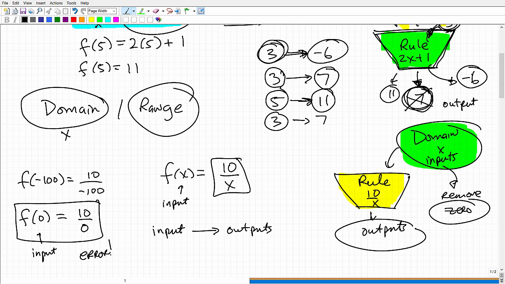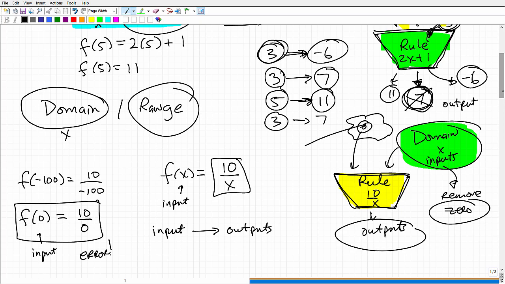The domain values of a function can be very specific. Sometimes they're all numbers, but sometimes they're just certain sets of numbers. In this example, all values work in this machine except 0. If you have your little bag of numbers and you go, oh look, I got a 0, I'm going to throw it in, you would break the machine. So we have to remove that, and 0 would not be part of the domain.